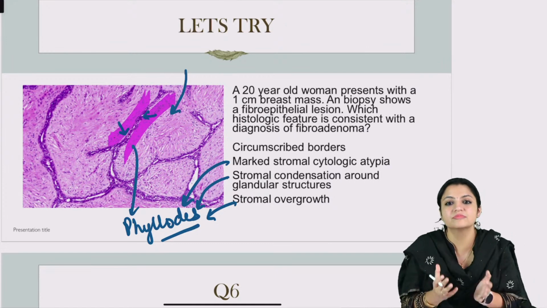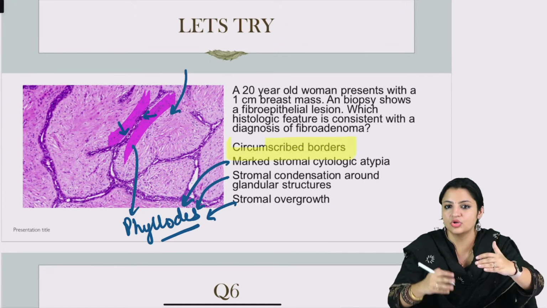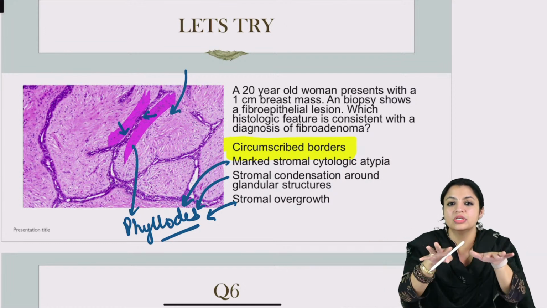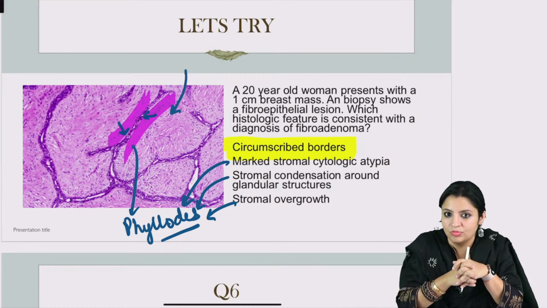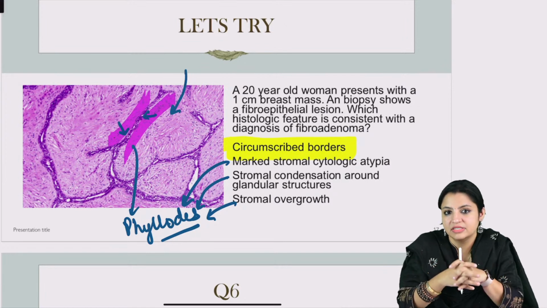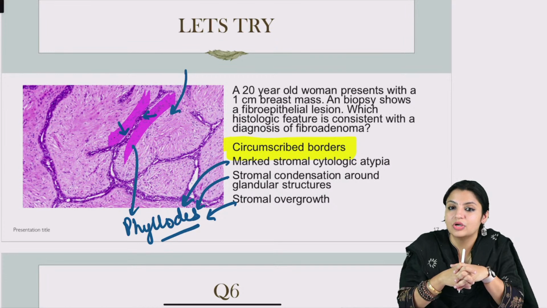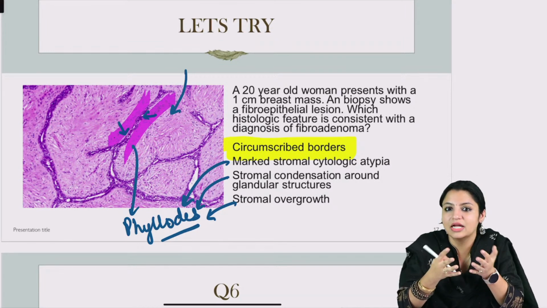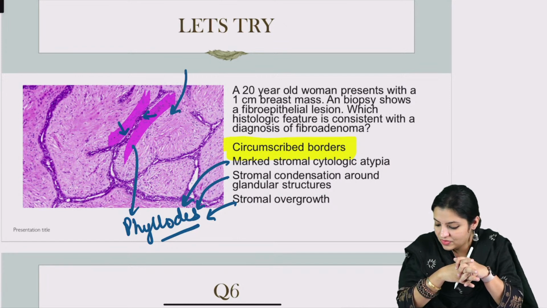It has circumscribed borders because it's limited. It is not protruding into or entering the interlobular stroma. So it is a very well defined circumscribed lesion, and that is why it is also called breast mouse, because it has very well defined borders, and you can actually see that on radiology also, right?